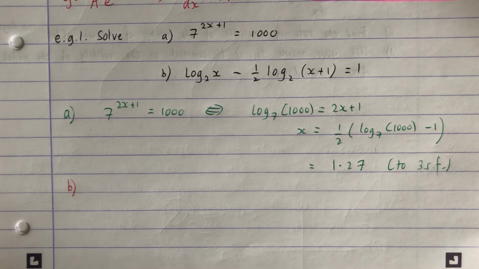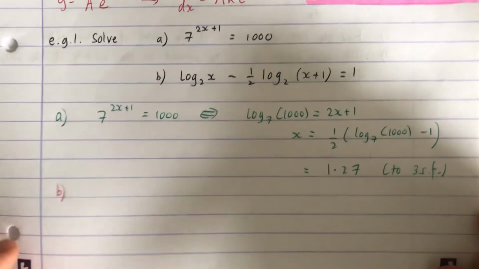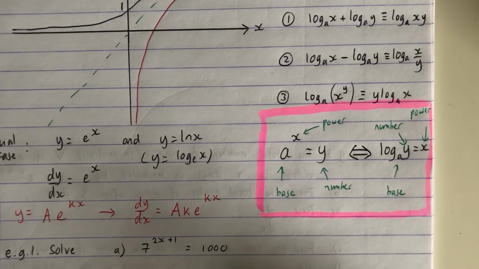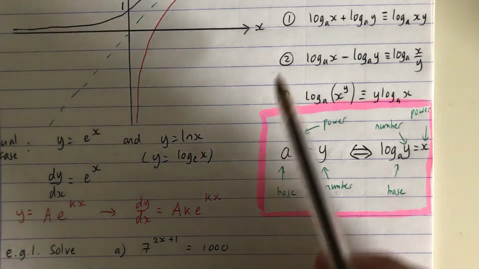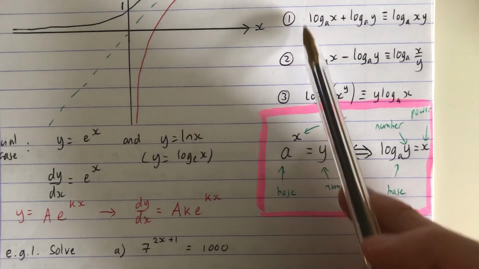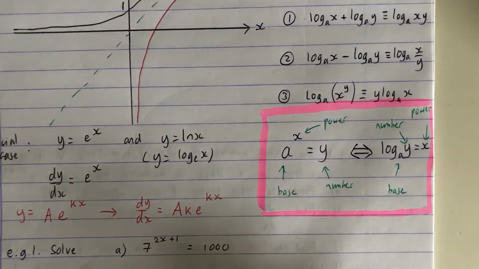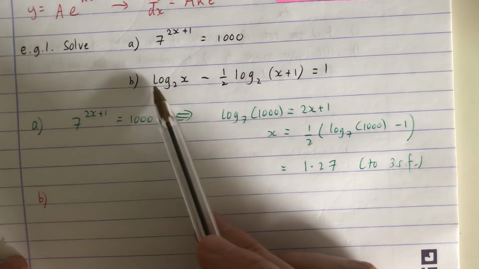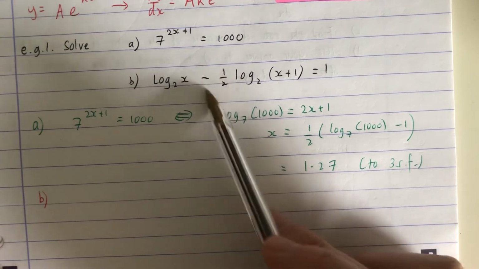However, we have to use those three rules above there. The one thing you'll notice about those three rules is for the first two, there's no number in front of the logarithms. But in our one, we've got a half in front.